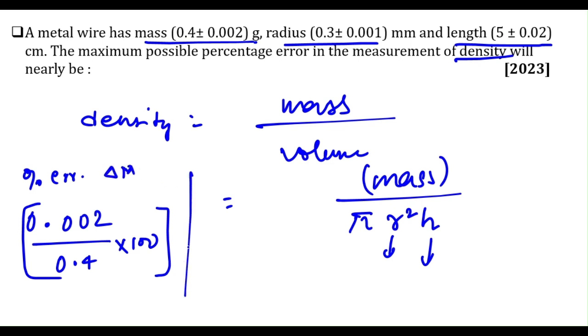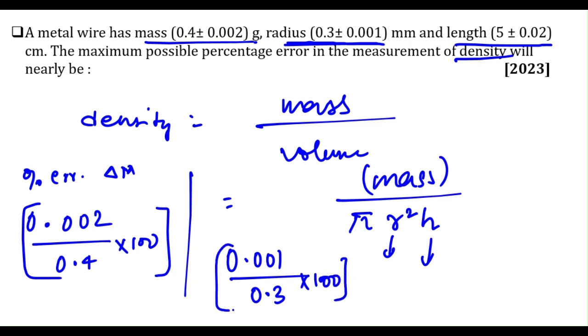Now in the same way, you can calculate the percentage error in radius. So 0.001 by 0.3 into 100. This is percentage error in radius, and I'm writing just delta r here for reference. In the same way, you can do for height also. Here it is written as length; you consider it height.